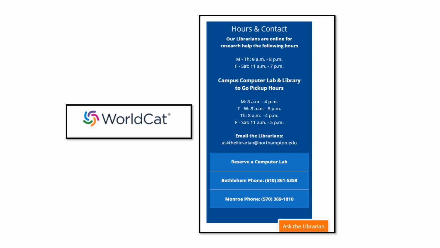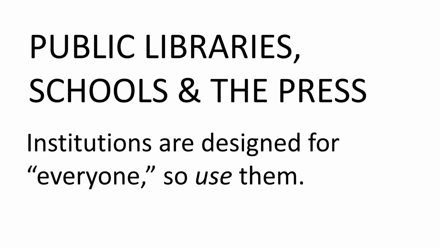In this world, information is still anchored at locations, but it is relatively inexpensive to access those locations. These public libraries, schools, and the press are really designed for everyone. So as you are a student at NCC, please come to the library and use it.